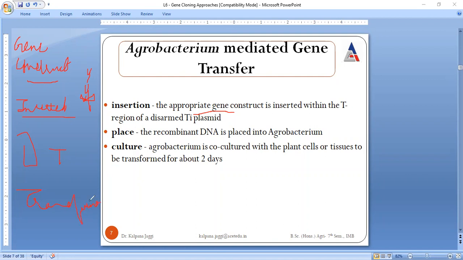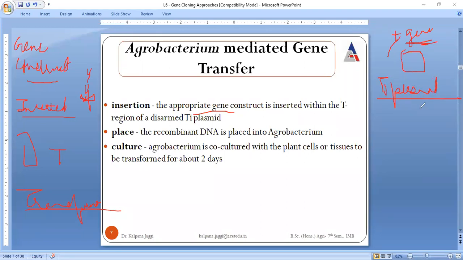So what is in the transformation? In the transformation, we are keeping a cell, and that cell is further surrounded by the gene that is to be transferred into it. And here, what is that gene? That particular gene is the Ti plasmid.